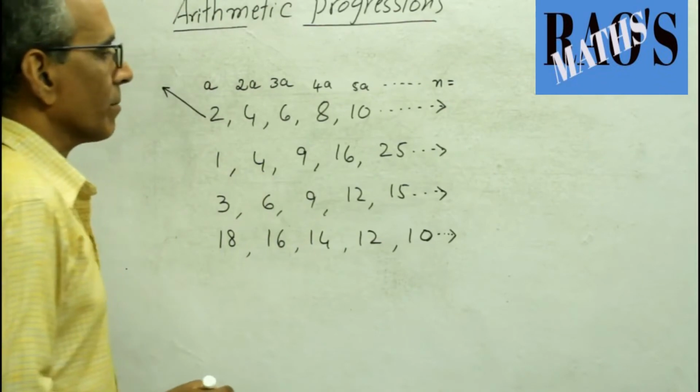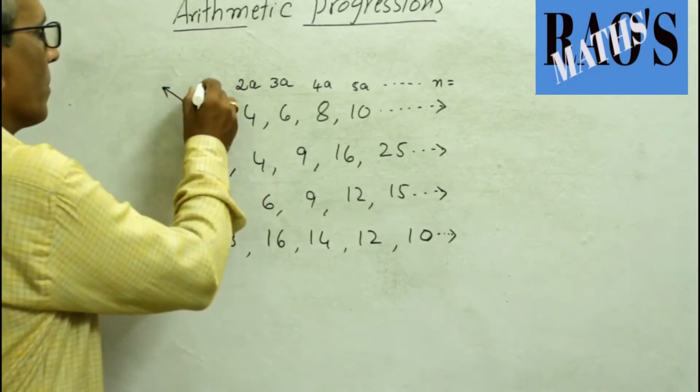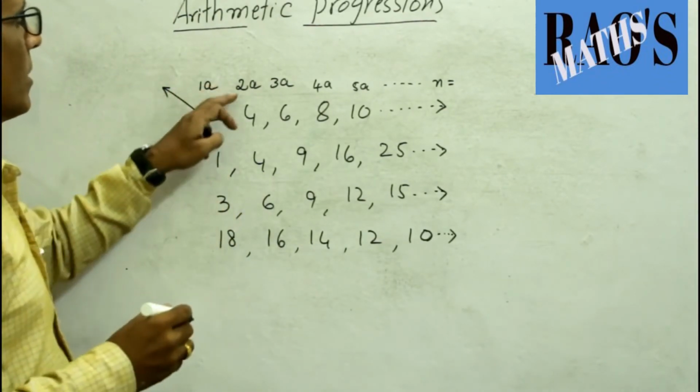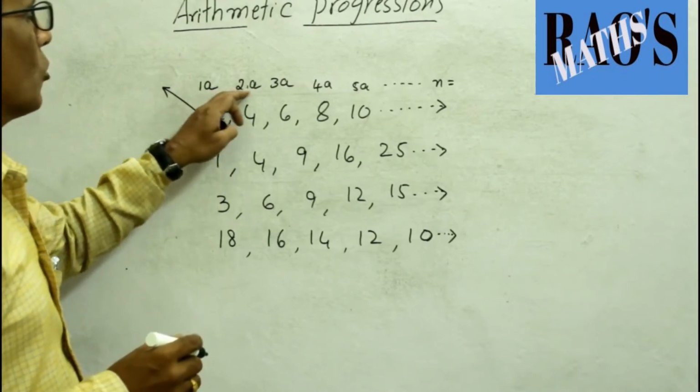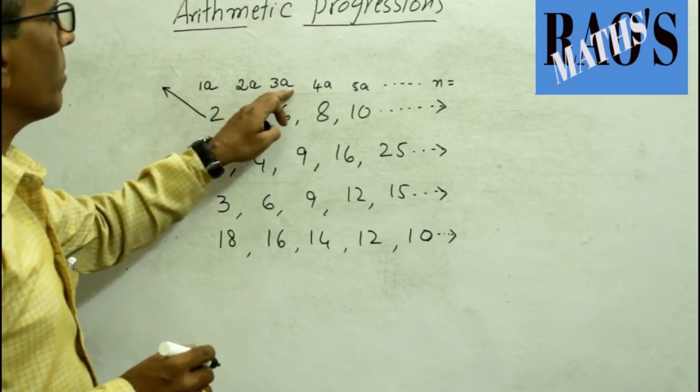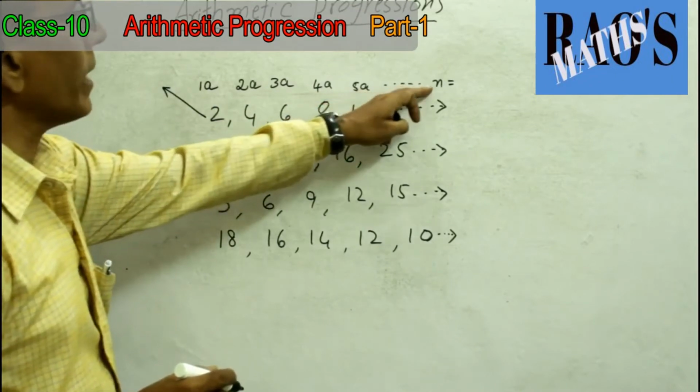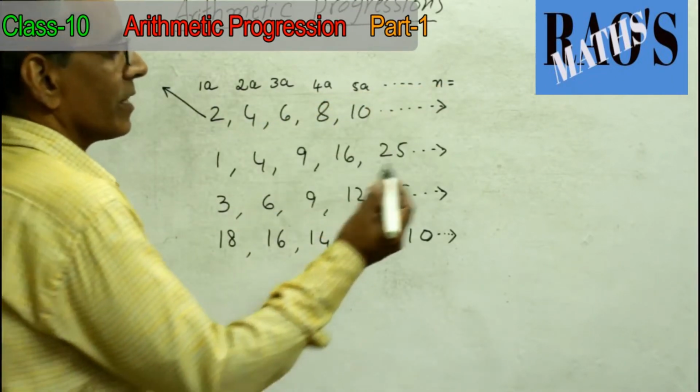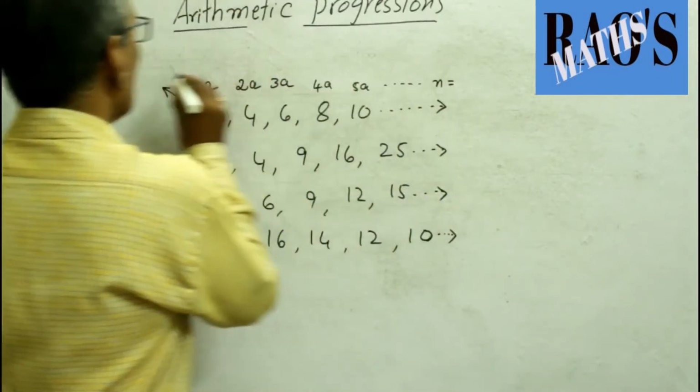Nth member. It is the first member, so 1 into A. There is the second member, so 2 into A value. Third member. Fourth member. Fifth member. Nth member. It's very clear. You can answer this. That is 2n.